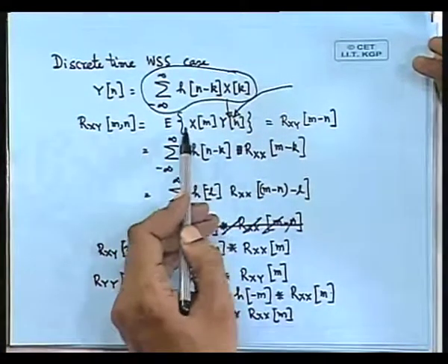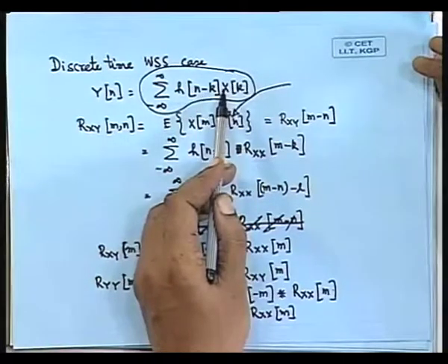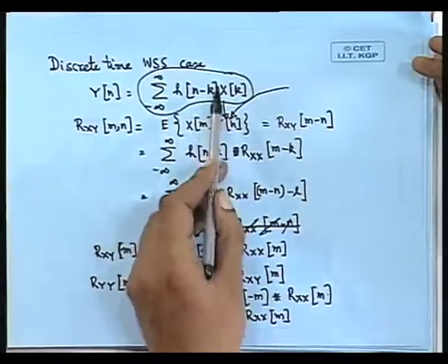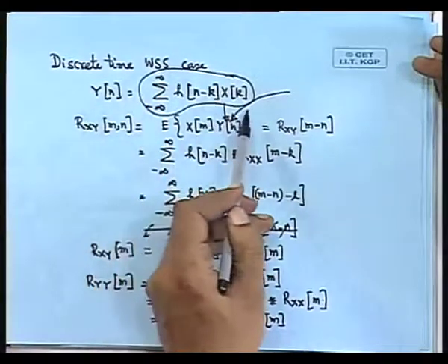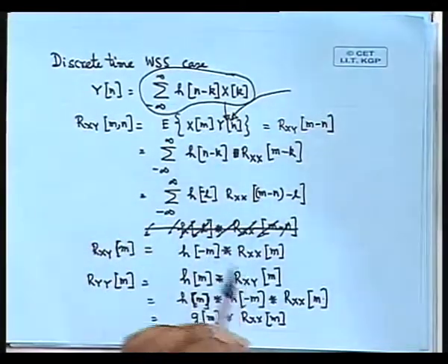So you will get the expectation of x_m into this. You put x_m, in place of y_n you put this expression, and then you bring the expectation inside. That is a reasonably simple thing if you try.